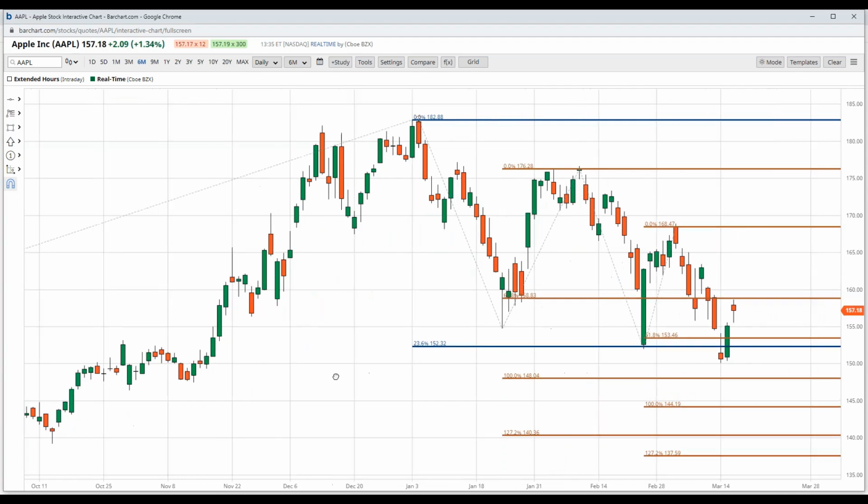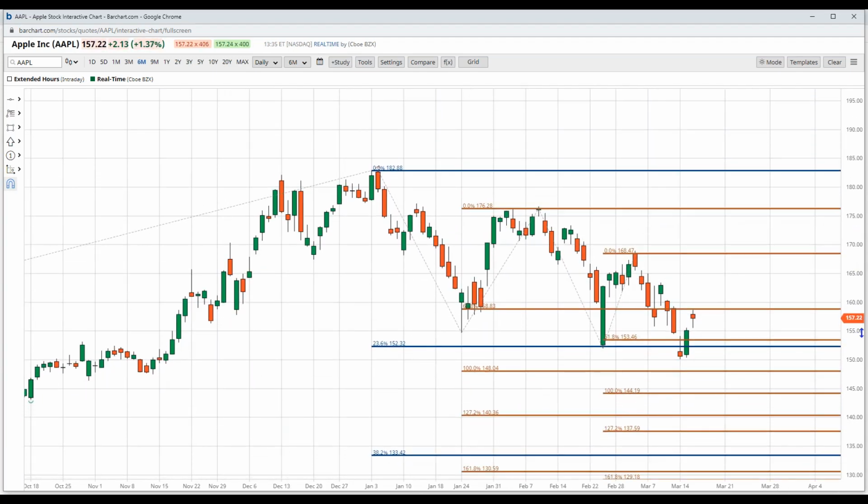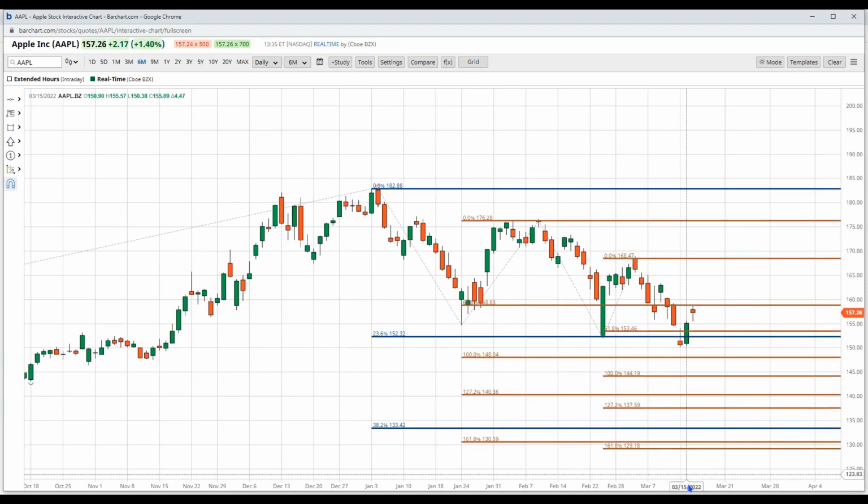Okay, so what do we see? Well, do we see any confluence in here? Not yet, but we do see down here our extensions of 161.8 are very close to our 38 percentile.